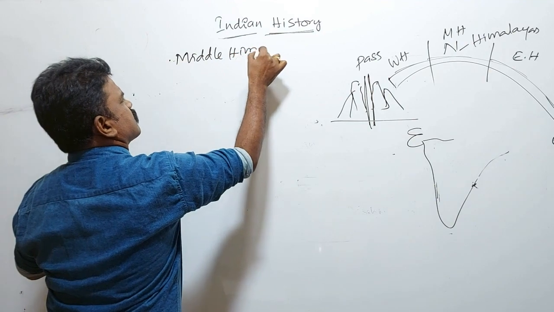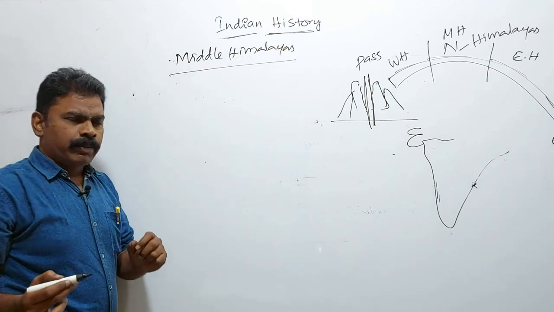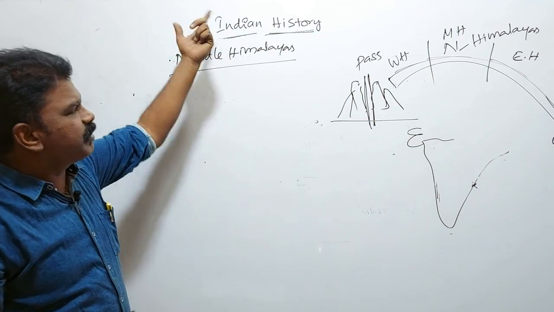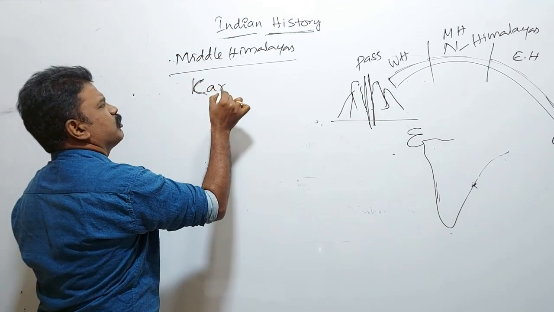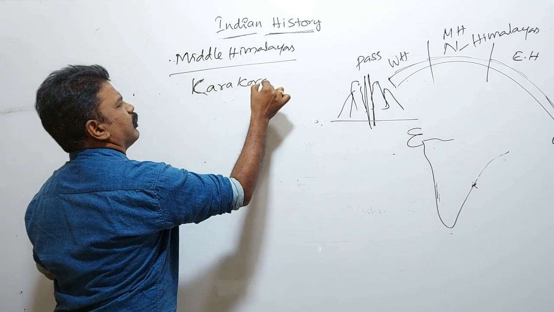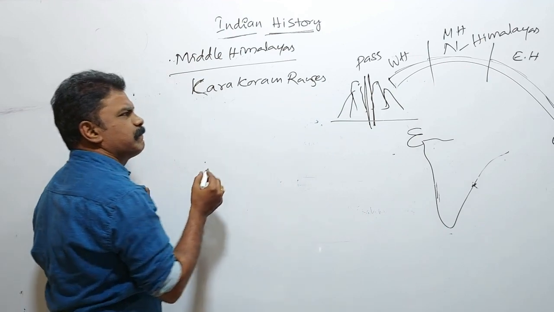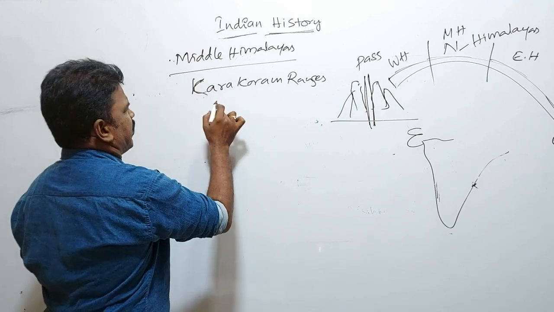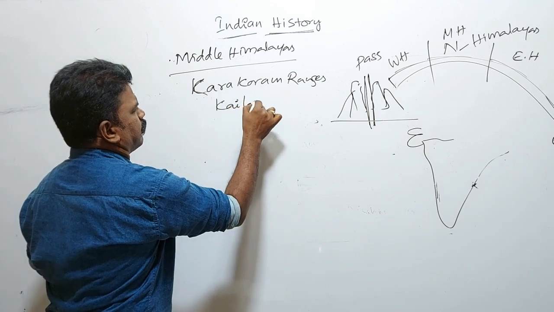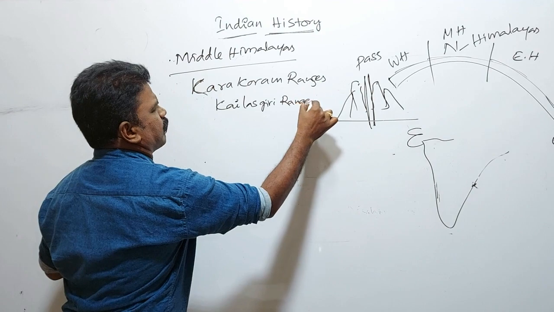Middle Himalayas. The topmost point of the Middle Himalayas is the Karakoram ranges. These Karakoram ranges are also called the Kailasagiri ranges or Kailasagiri hills.